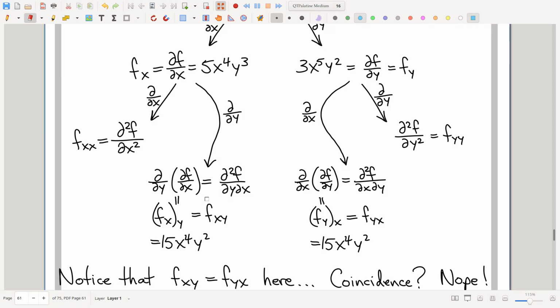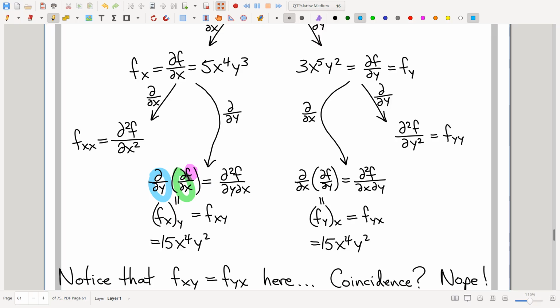So for example, let's look at this function here where I have taken f and I am first doing an x partial of it and then subsequently doing a y partial of that x partial. Well, the x partial is right next to the f, because it acts first, and then the y partial is right next to the x partial, so the y partial, the second one, is on the left.